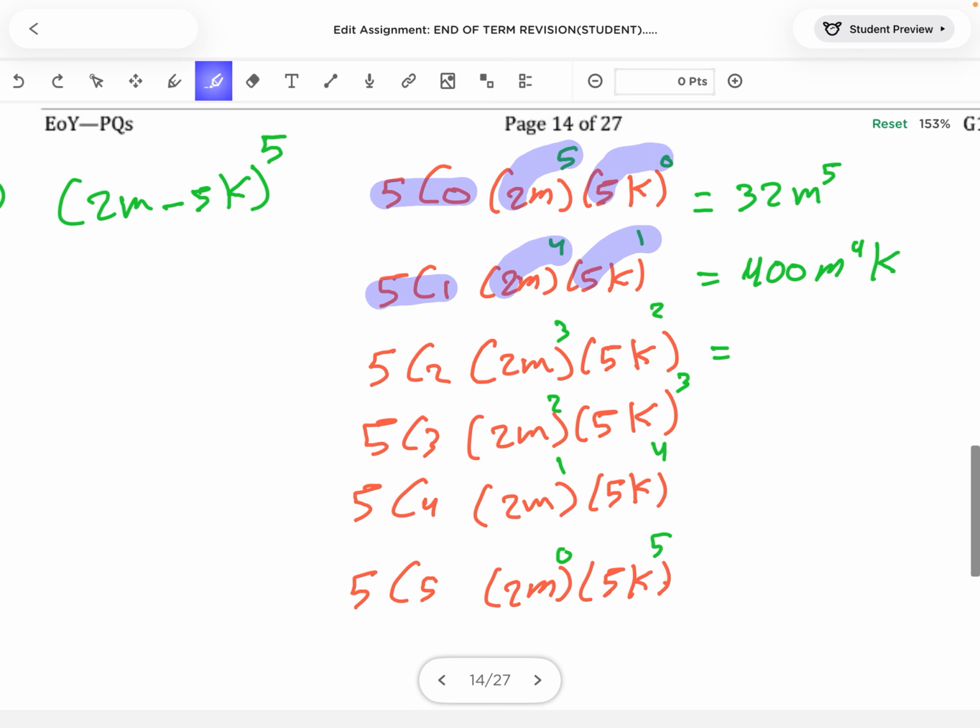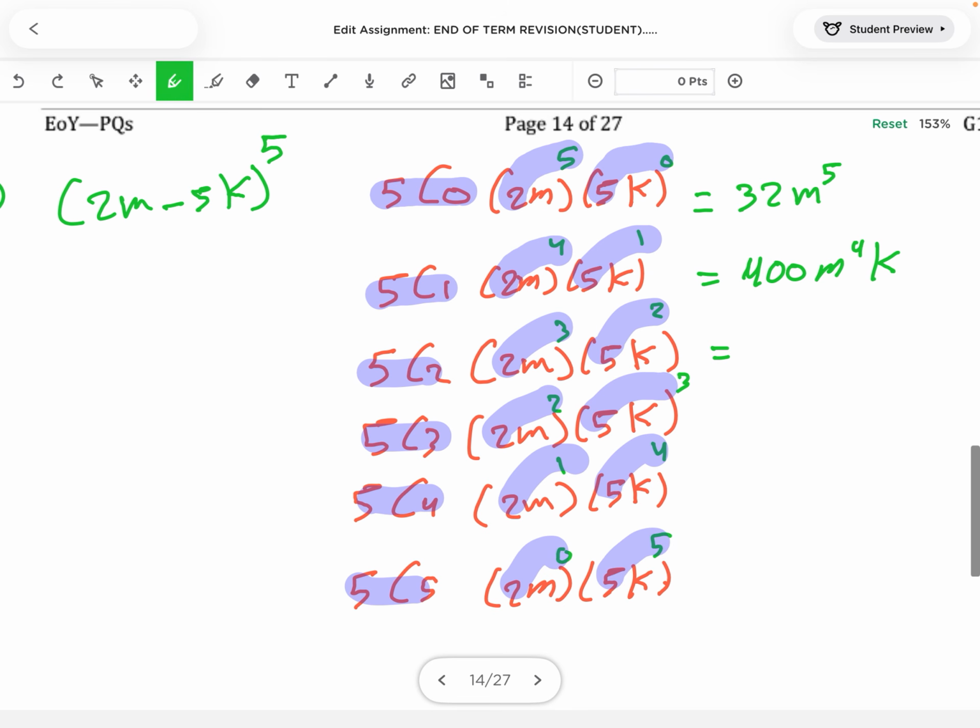Then, same story. 2,000 m to the power 3 k power 2. 5 combination 3 times 2 to the power 2, times 5 to the power 3, it will be 5,000 m squared k power 3.